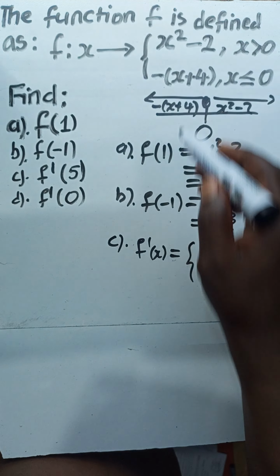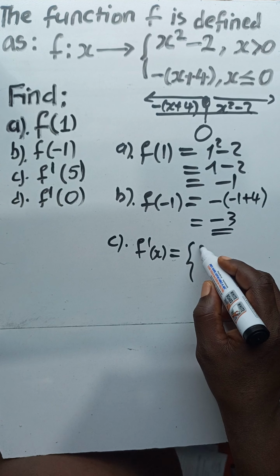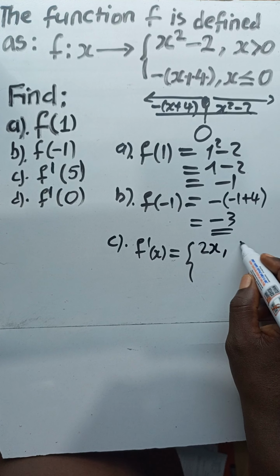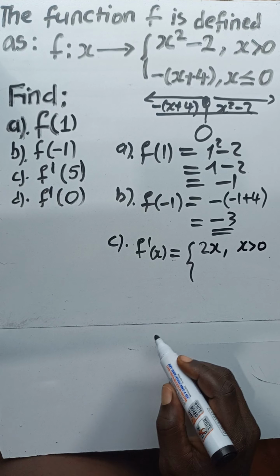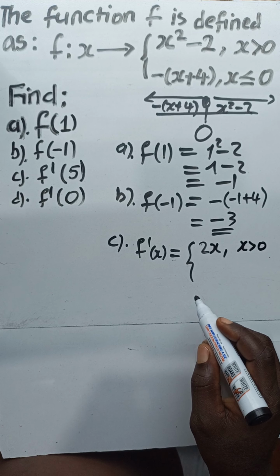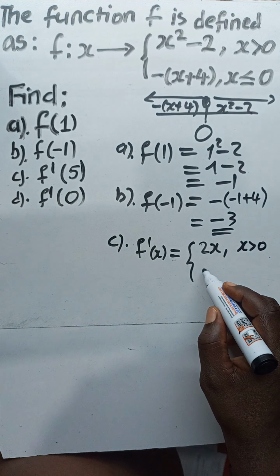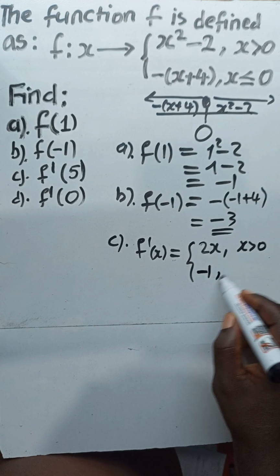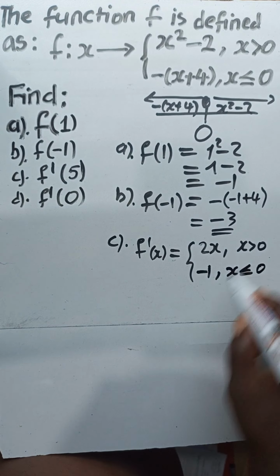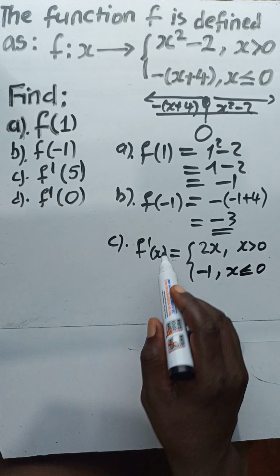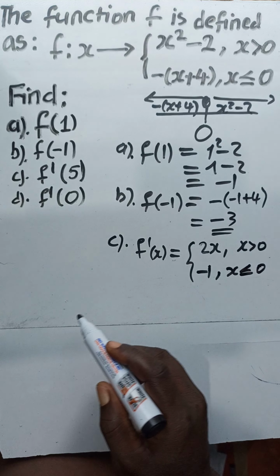So if we differentiate that one, the first derivative is going to give us 2x for all values of x greater than 0, or positive values. And if we differentiate this one, we're going to have negative 1 for all values of x less than or equal to 0. So this is the first derivative of that function.